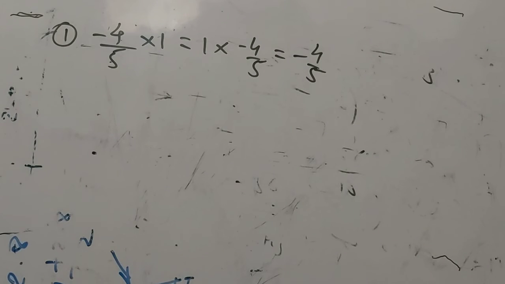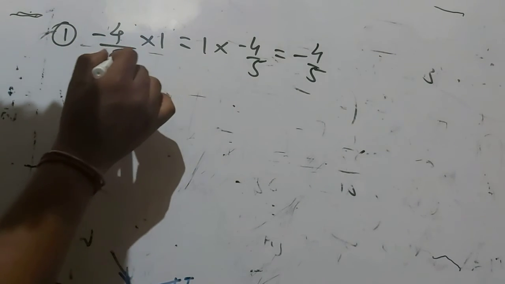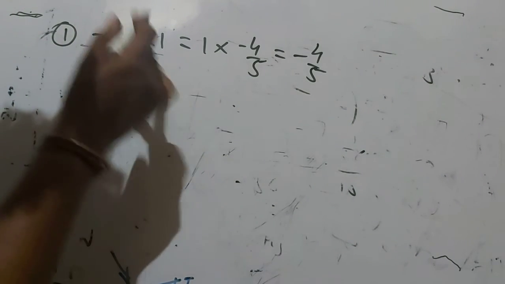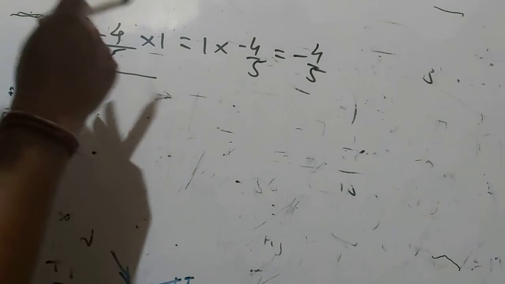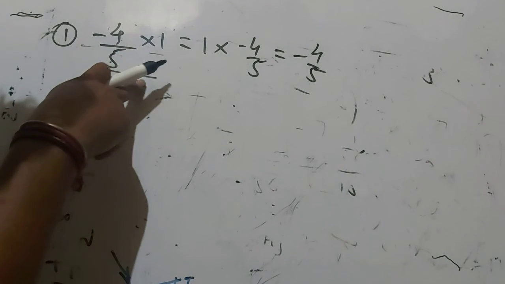For the identity also, it is one type of identity also. So for this you can write one is the multiplicative identity. See, actually 2 videos before I have told about the identity of 1 and 0.